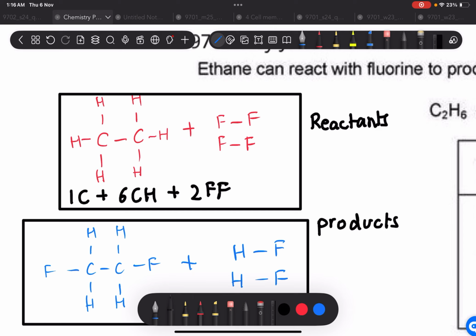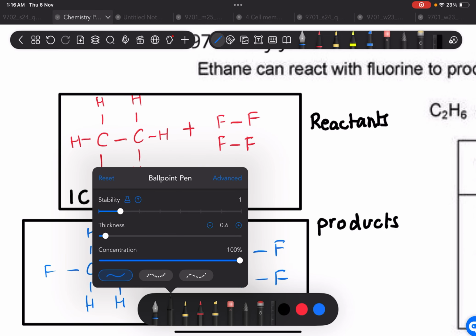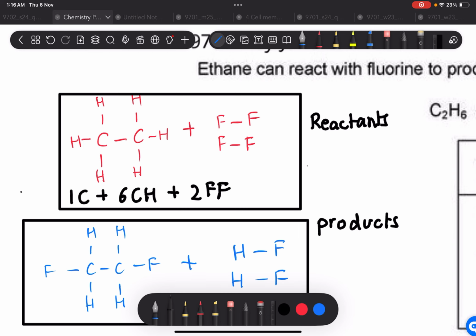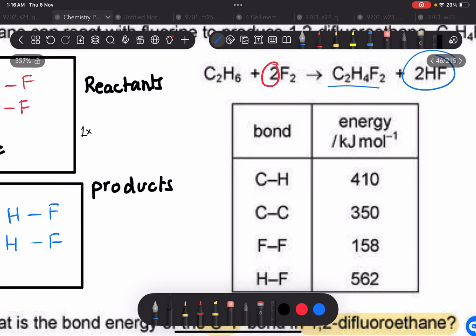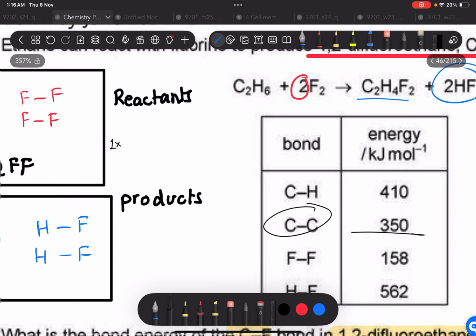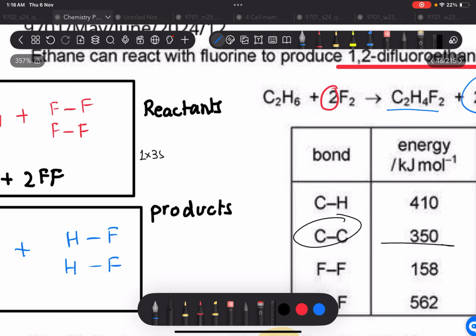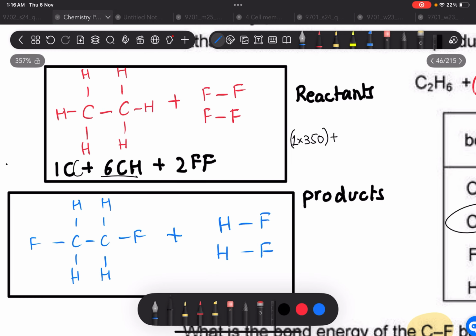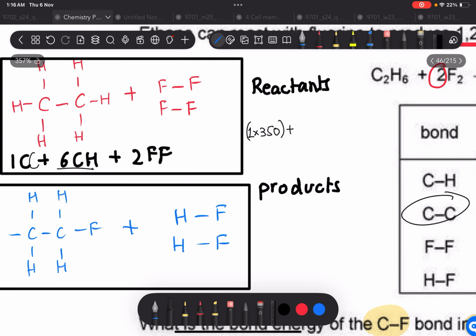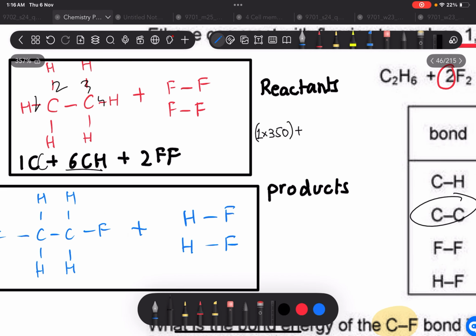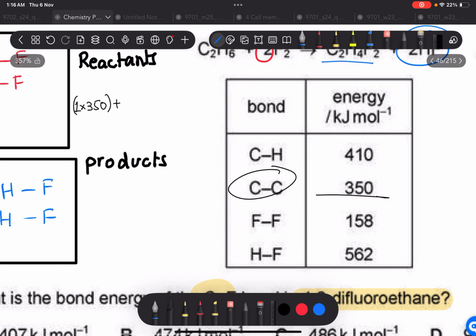So now let's calculate the enthalpy for all of them. 1 multiplied by the CC bond, which is 350. Plus 6 multiplied by CH. 1, 2, 3, 4, 5, 6. Be sure about it, because once it's done, 410. So 6 multiplied by 410.